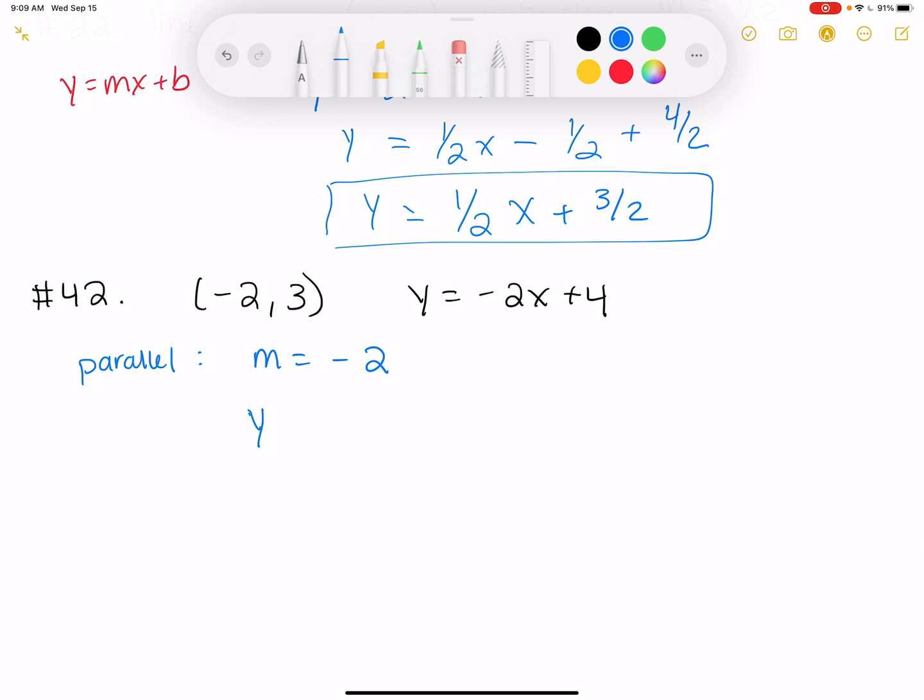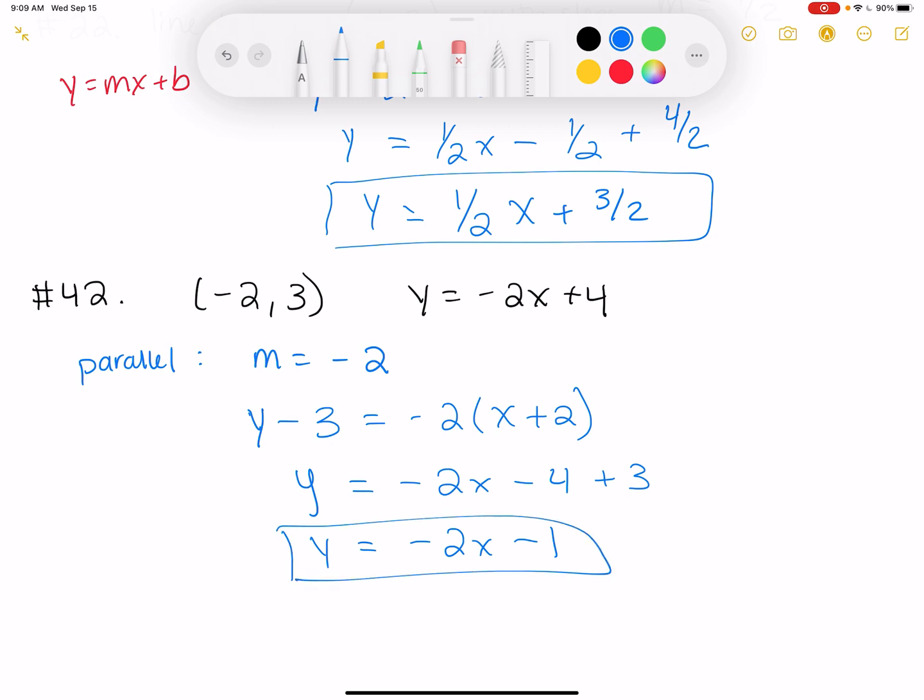It doesn't really matter which form you ultimately put it in, but I'm going to go all the way down to y equals mx plus b. So y minus 3 is equal to -2 times x minus negative 2, so plus 2. Y is equal to -2x minus 4 plus 3, so y equals -2x minus 1. This is my parallel line.